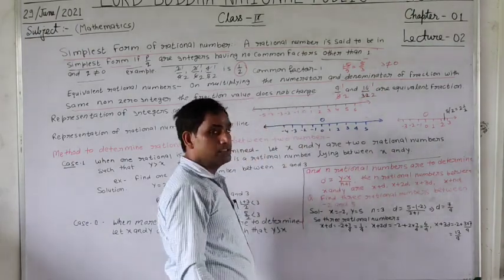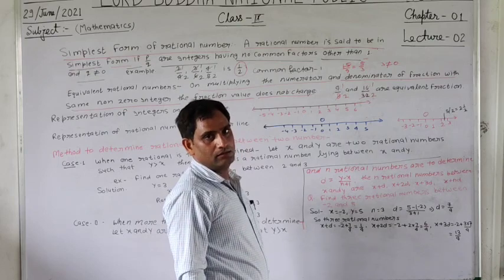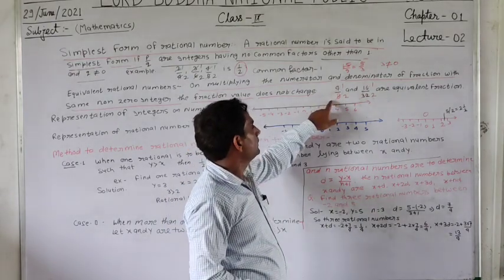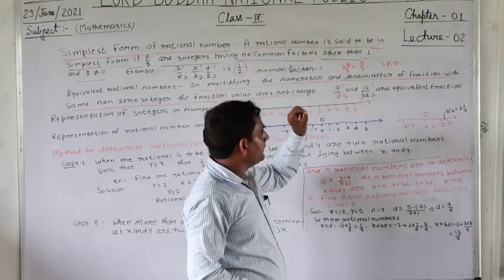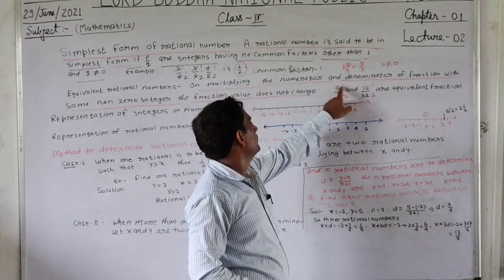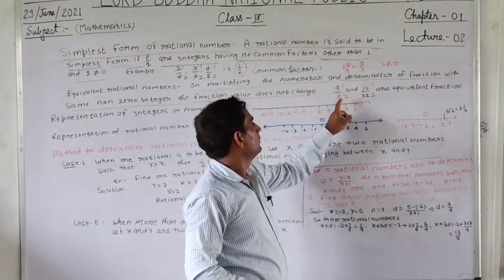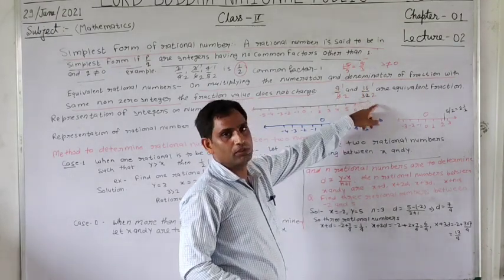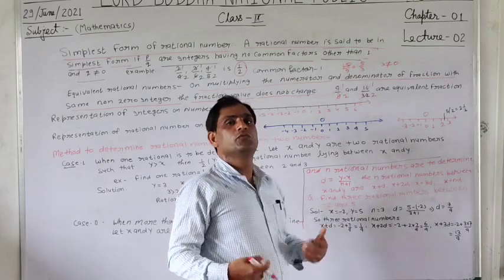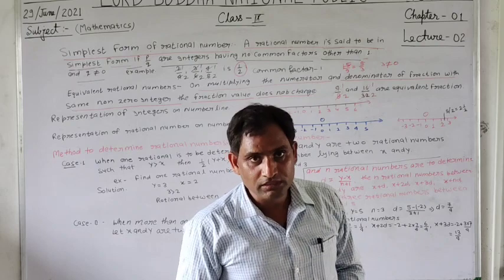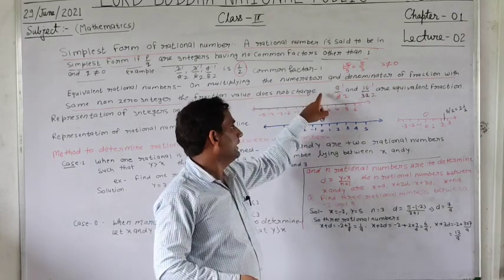It means 16/32 is obtained by multiplying 4/8 by the number 4 to the numerator and denominator. 4 fours are 16, 4 eights are 32. In this way, we find a number of equivalent rational numbers to 4/8.